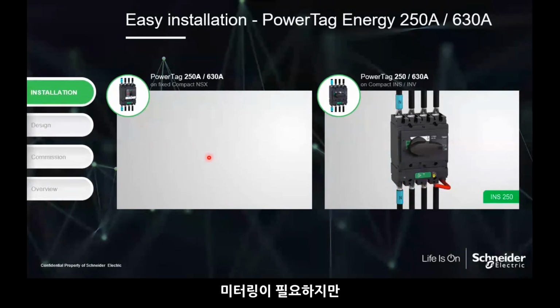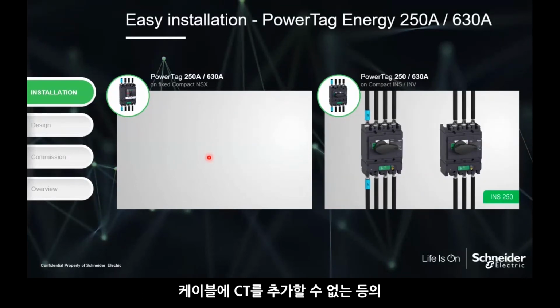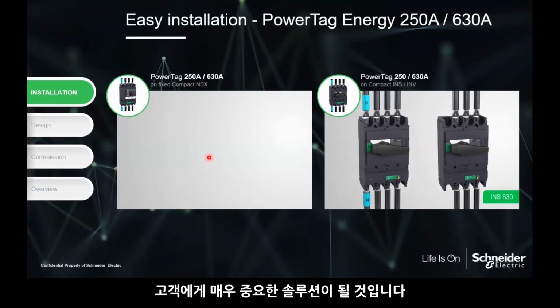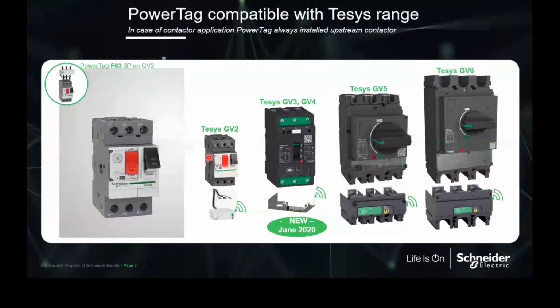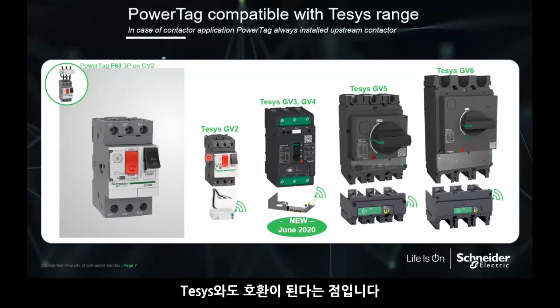If you want to enable metering but have space constraints, where you cannot mount standalone meters or put additional CTs on the cables, this could be a very neat solution for your customers. The next thing is that PowerTag is also compatible with the PC range, like GV2, GV3, GV5, GV6, okay?